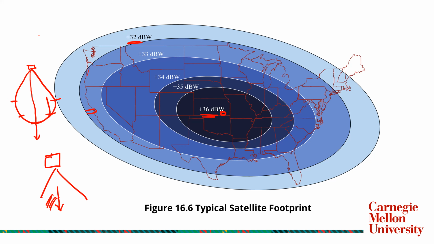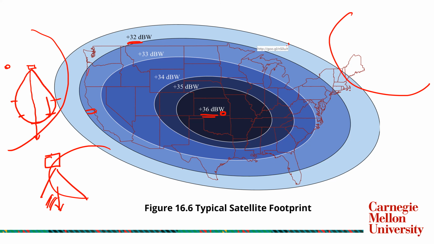And after this, as it becomes weaker, you need another satellite, and another satellite, and so on. So this is called the footprint of the antenna.